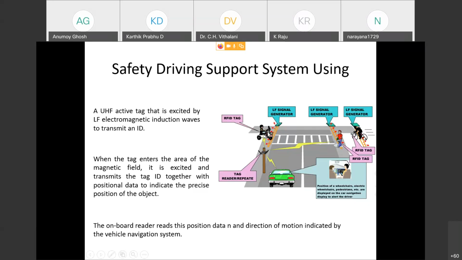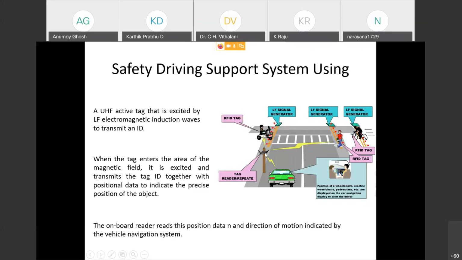So whenever the cars or the pedestrians enter this low frequency signal region, the tags in this car or this scooter, which are all passive tags, are activated, because the low frequency signal generator sends out energy. Once these tags are activated, the information about the coordinates of the cars, the pedestrians or this bicycle driver is given out by the tags to the reader.